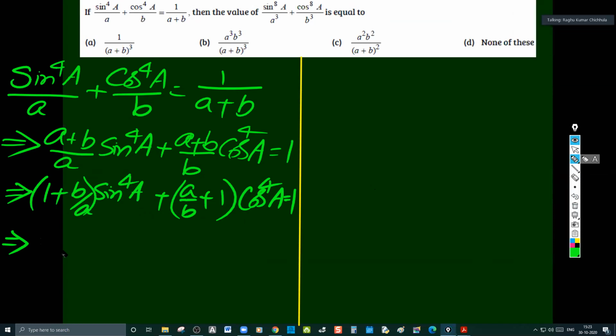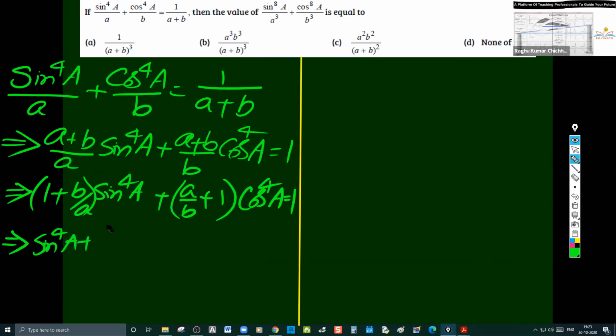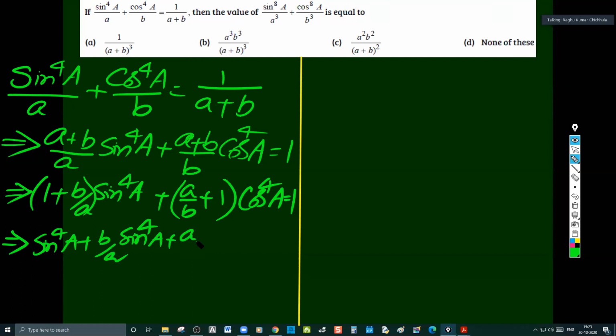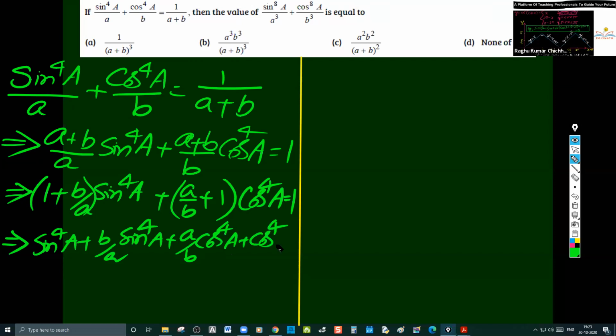Sine 4th plus B by A sine 4th plus A by B cos 4th plus cos 4th is equal to 1. Correct? Correct, sir.